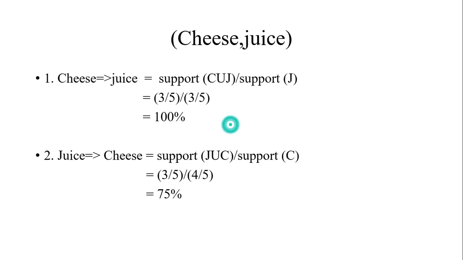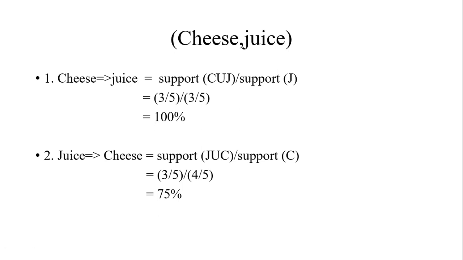Now we will move to the next one. Next rule is cheese to juice. The customer can buy the cheese first, and later he can buy the juice. Okay, so again we are using the same formula. Support of cheese union juice divided by support of juice. So 3 by 5 divided by 3 by 5 gives the answer of 100%.